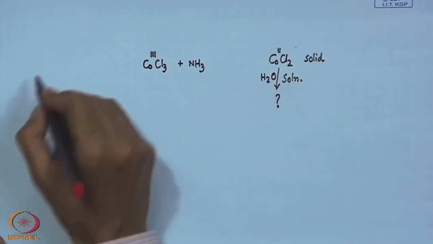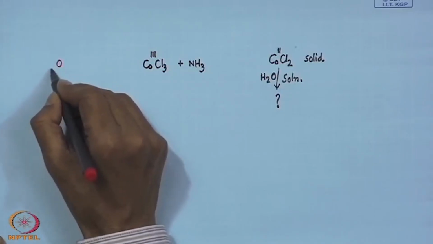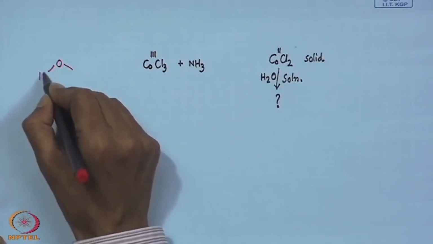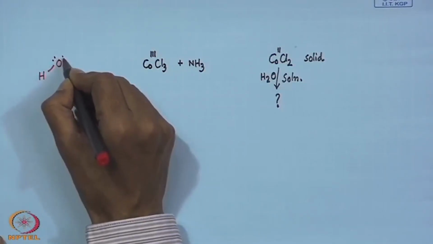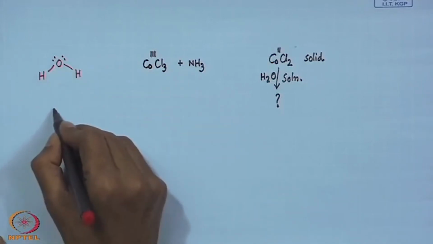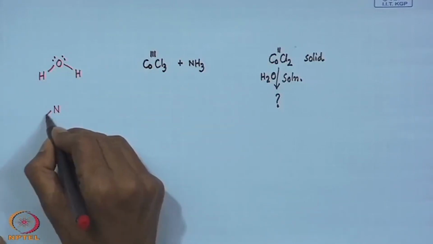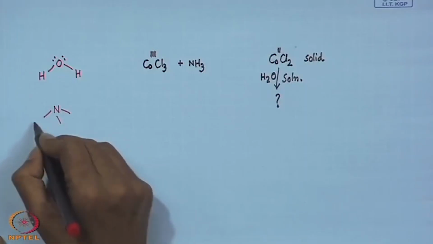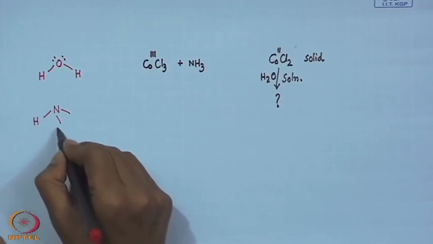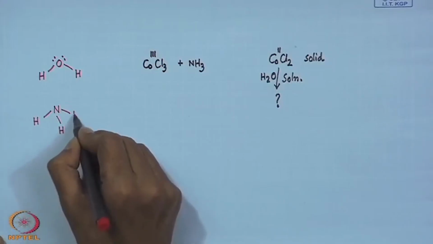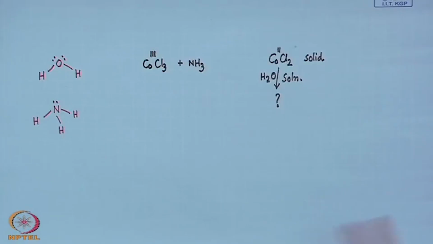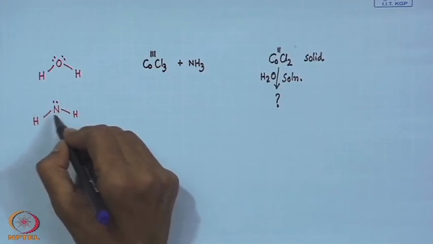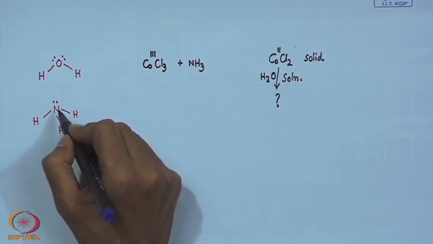So when we have water, we have just seen that the water molecule has 2 lone pairs of electrons, and now this is getting changed. We are bringing another molecule, ammonia. So in one molecule we have 2 lone pairs of electrons, and in the other we have a single lone pair of electrons.